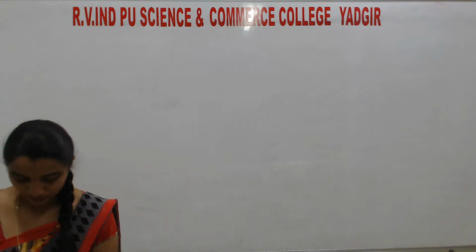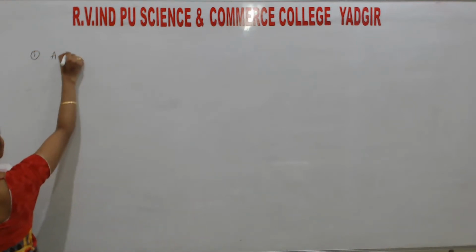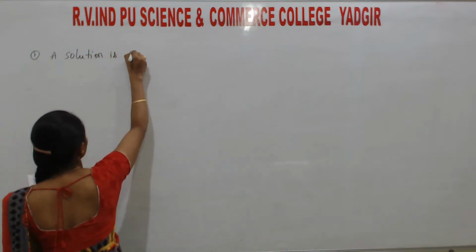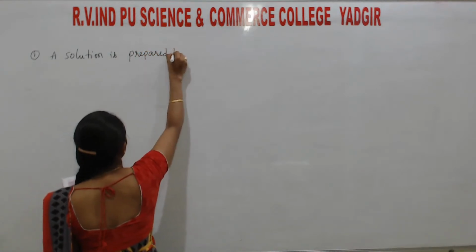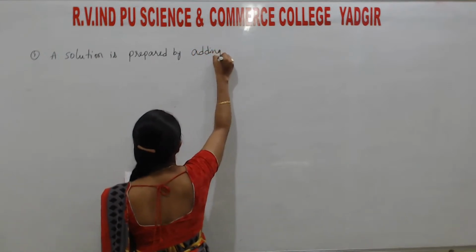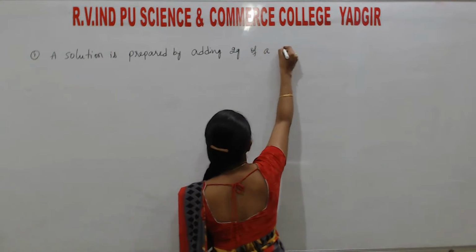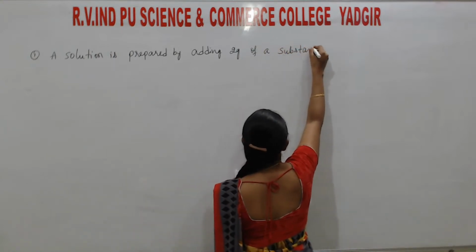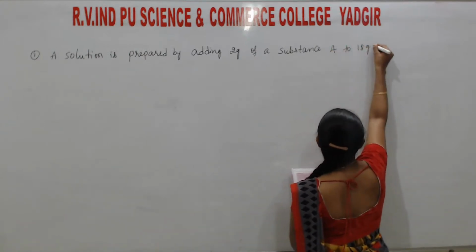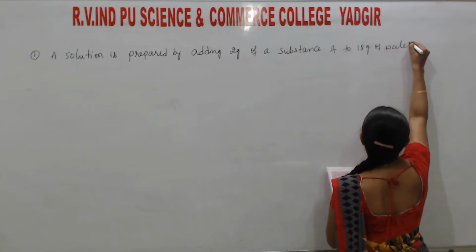Okay, no problem. First one: a solution is prepared by adding 2 grams of a substance A to 18 grams of water.